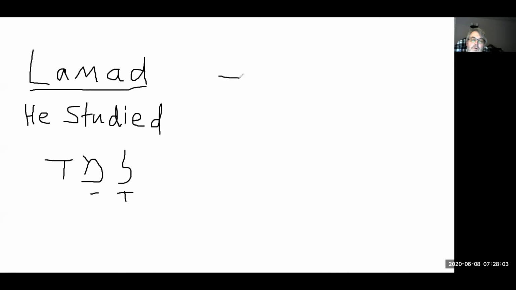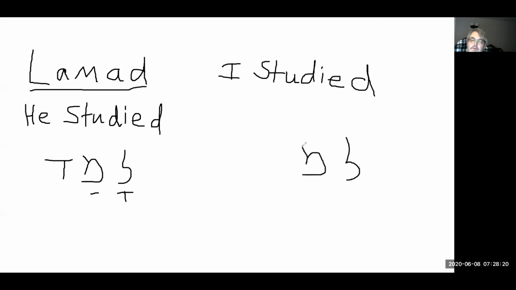Now if I want to do I studied, follow the same pattern, right? So you take your root, and you take the vowels of pa'al, it's your starting point, but with your third consonant, right? This is a dalet.